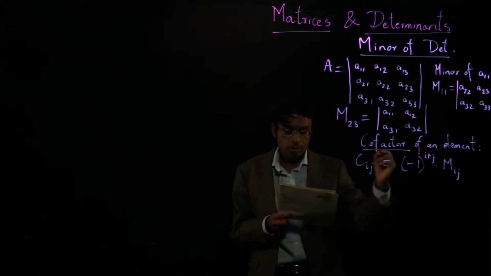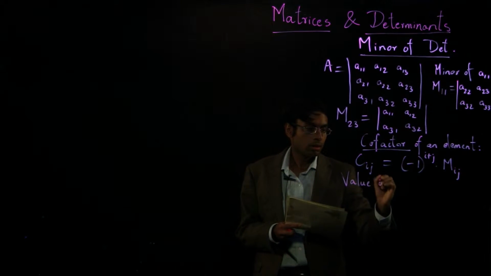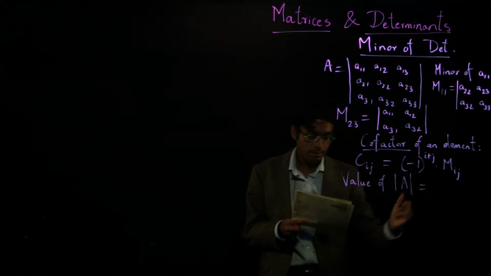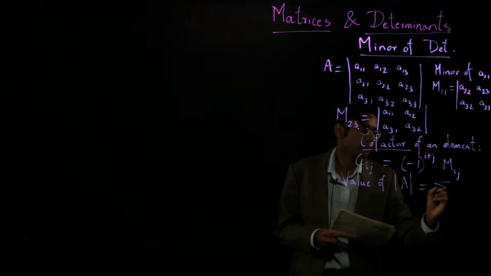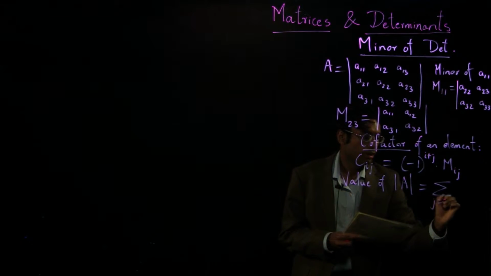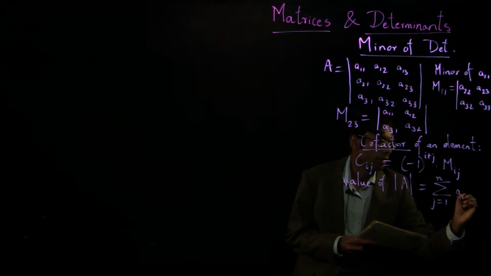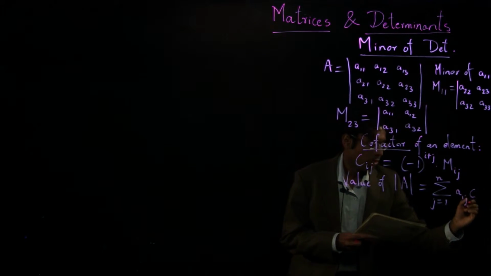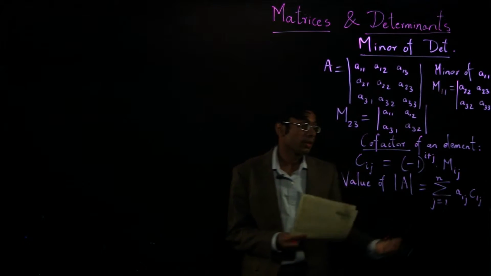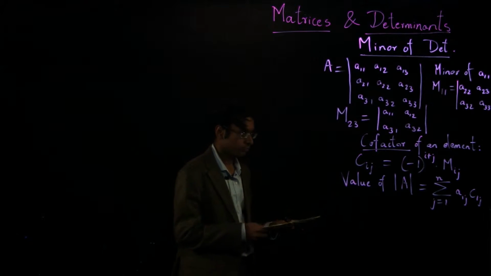And so the value of the determinant in general form can be written as the summation, j running from 1 through n, A1j C1j, and this is without loss of generality expanding by the first row of the determinant.